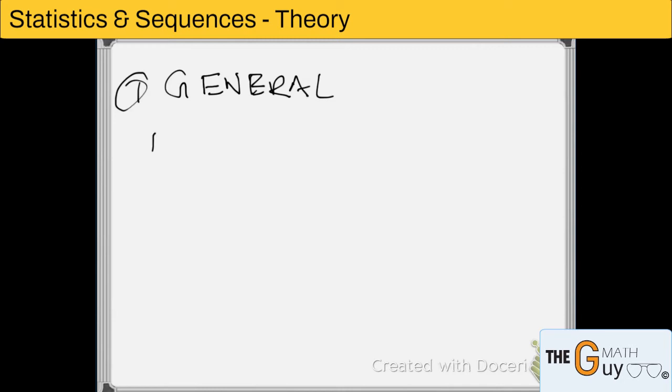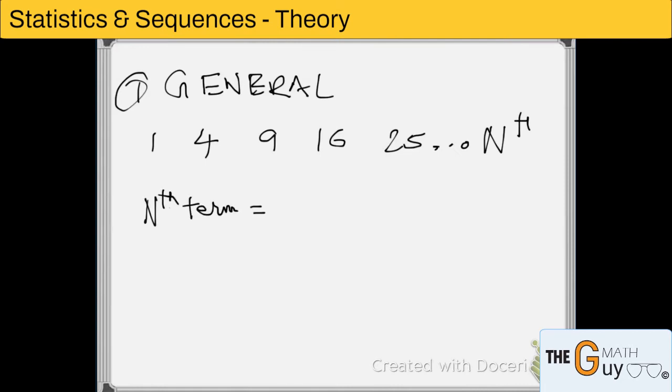So let's say it has 1, next number is 4, next number is 9, next number is 16, next number is 25, and so on. Have you guessed what the sequence is? You're right, it is the squares. The formula for a given nth term, a general formula, would be that the nth term is equal to n squared, right?